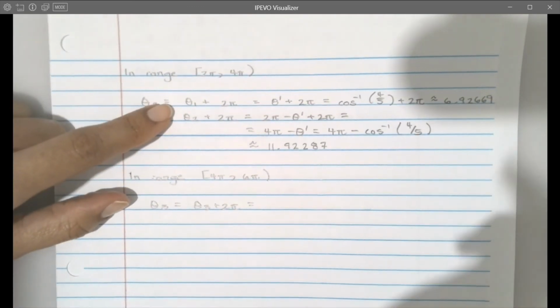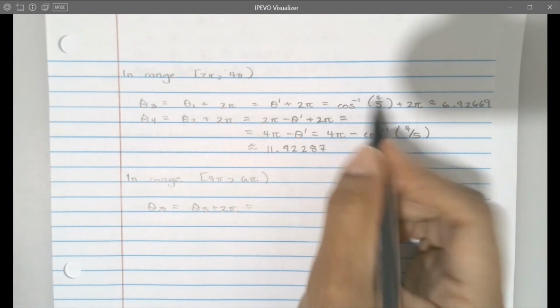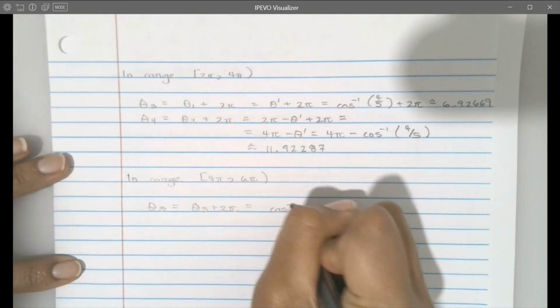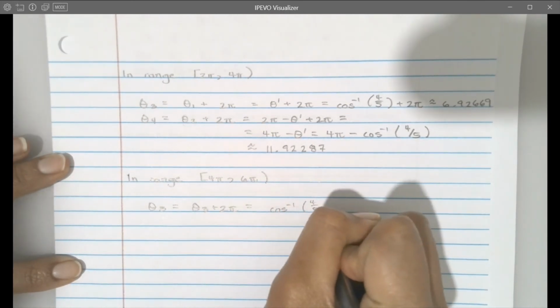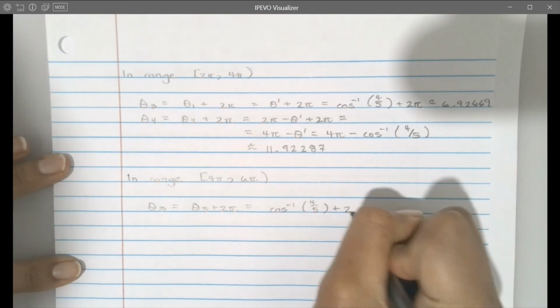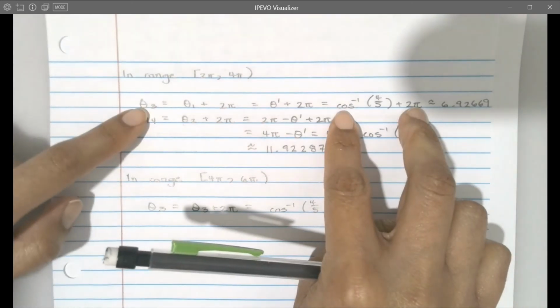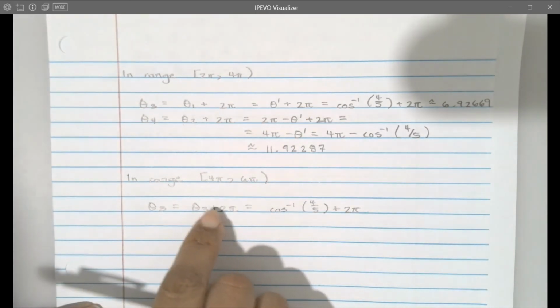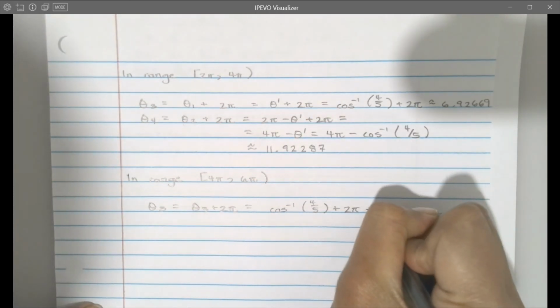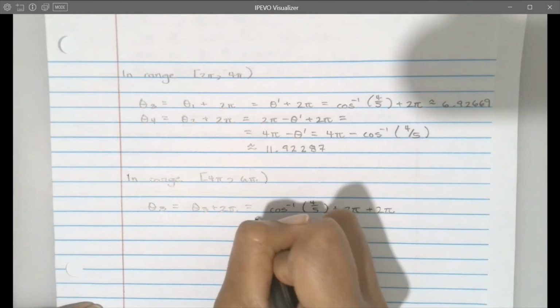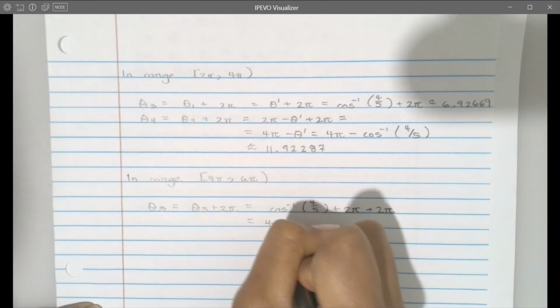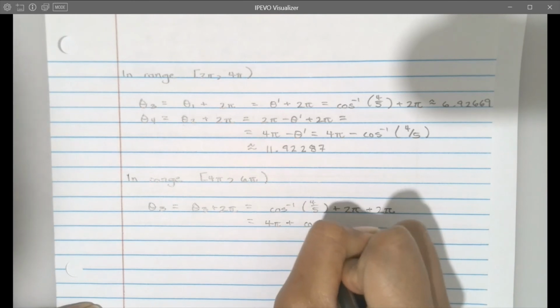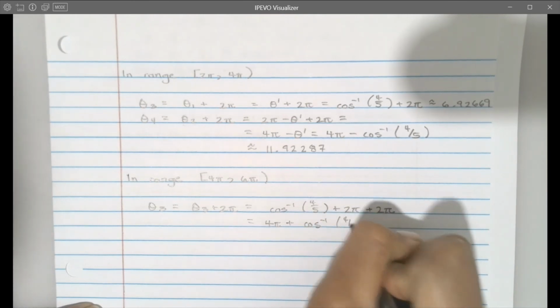And that is going to be a cosine inverse of 4 over 5 plus 2 pi, because that was the final outcome of theta 3. So I'm just taking this result and plugging it into theta 3, and then we have plus 2 pi for a final outcome of 4 pi plus cosine inverse of 4 over 5.